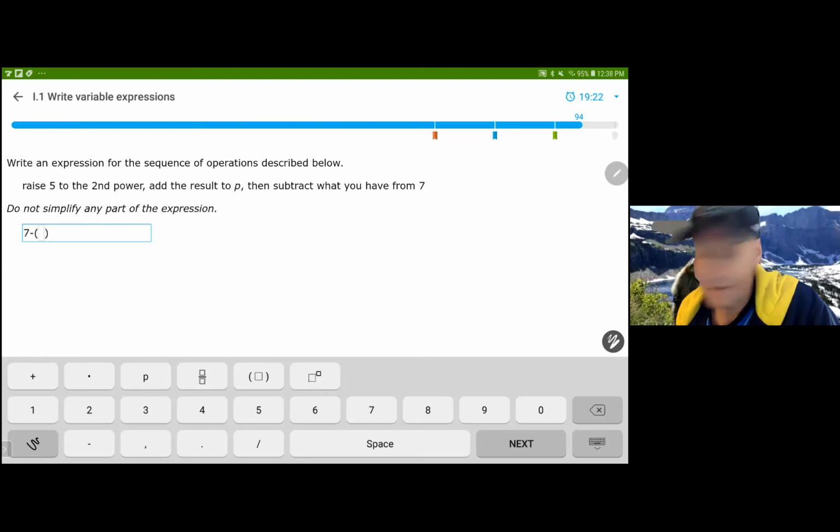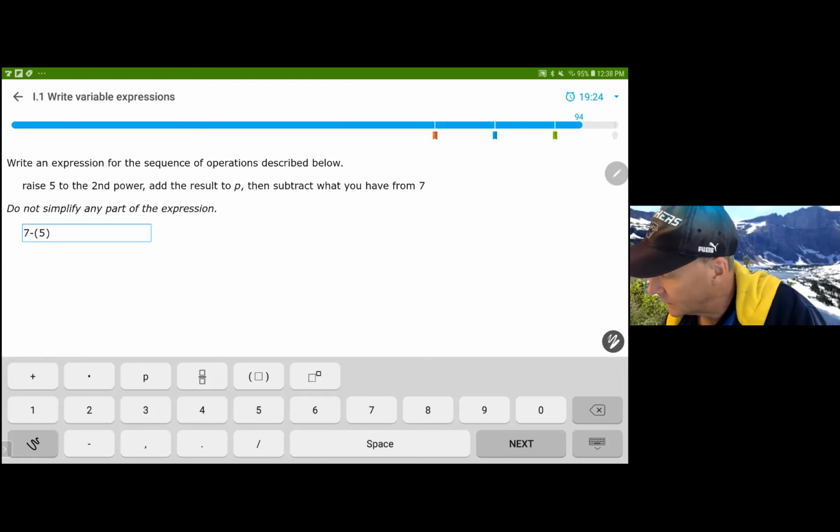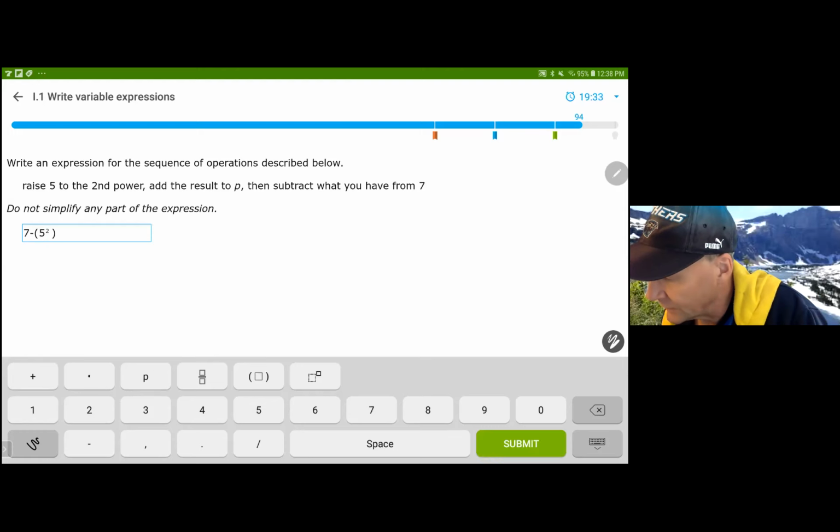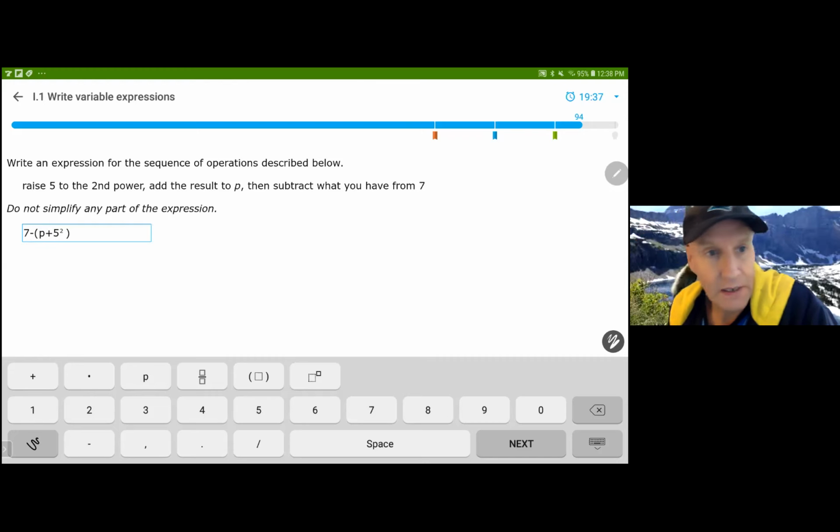Now I have to take 5 to the second power, and then I have to add the result to P. So really I'm supposed to take P plus 5 to the second power. And then I'm supposed to subtract what I have, which is the result, that goes into parentheses, from 7. See it?